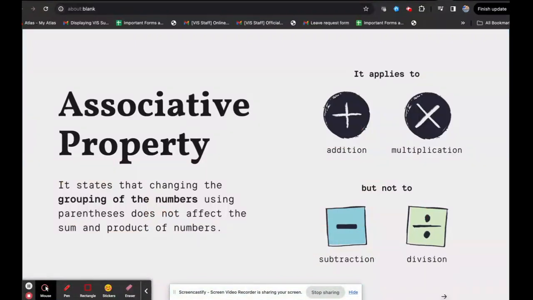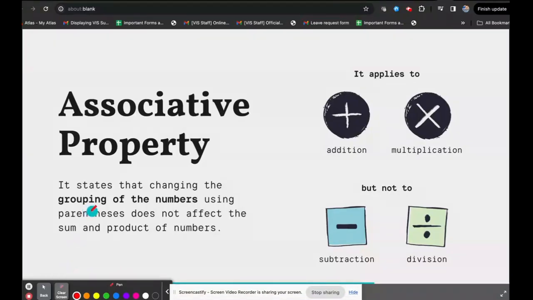Now, the second topic that we'll cover in this lesson is the associative property of addition and multiplication. Now, what does it say? It states that changing the grouping of the numbers using parentheses or the type of bracket does not affect the sum or product.